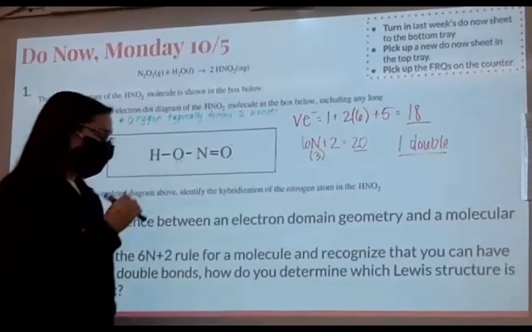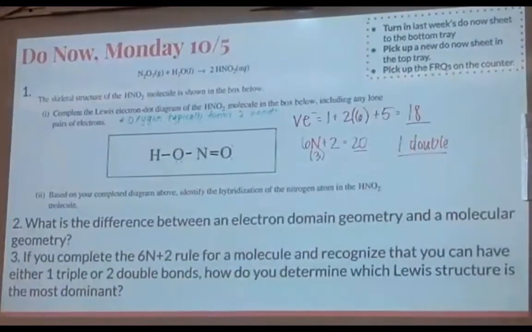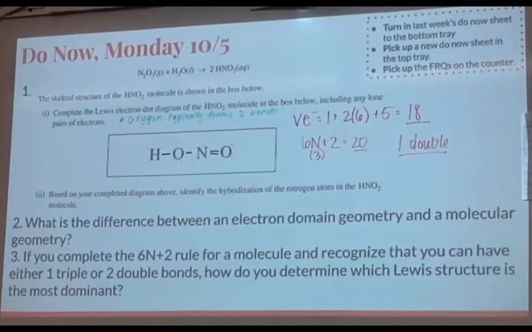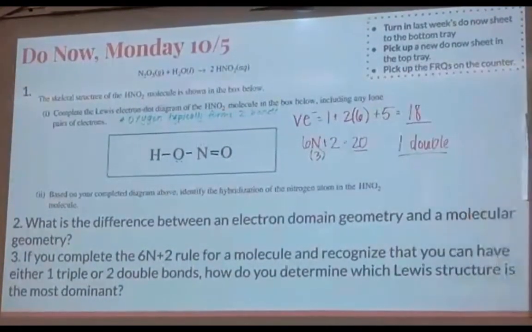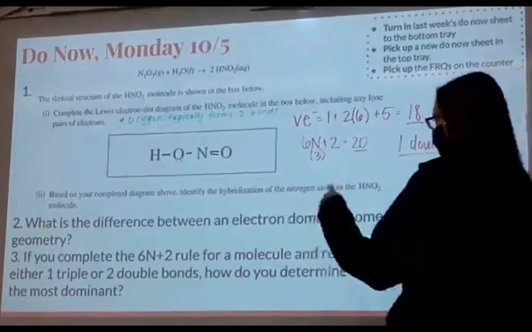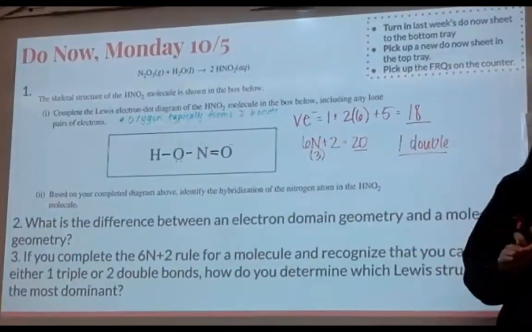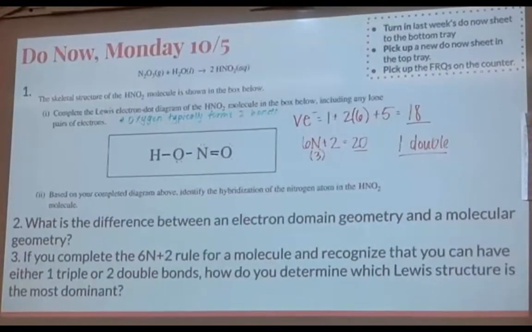Then part 2 says, based on your completed diagram, identify the hybridization of the nitrogen atom in HNO2. There's a lot dealing with hybridization. There's orbital overlap, which looks at how it forms between the s, p, and d orbitals. You do not need to know anything about orbital overlap or how they're formed.